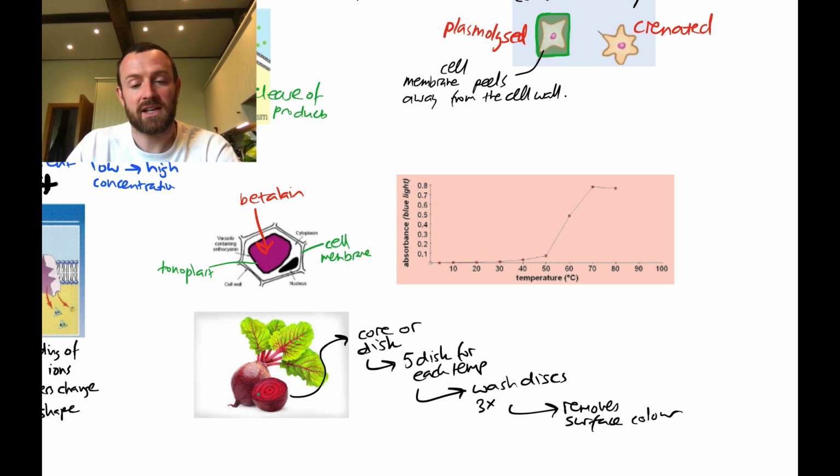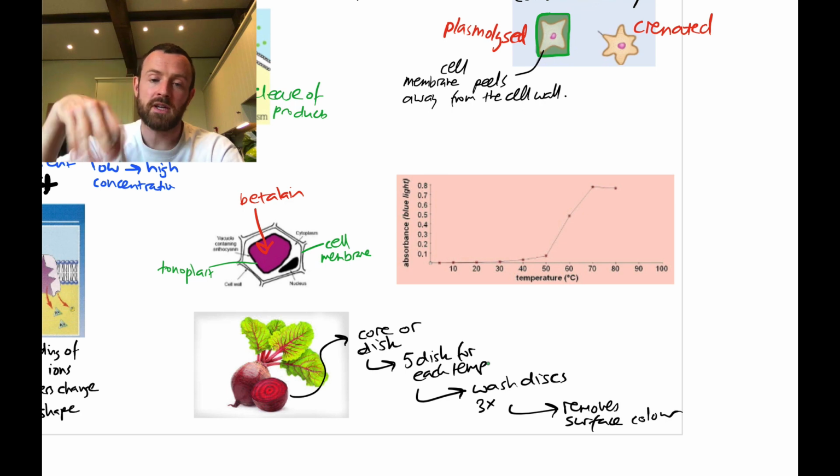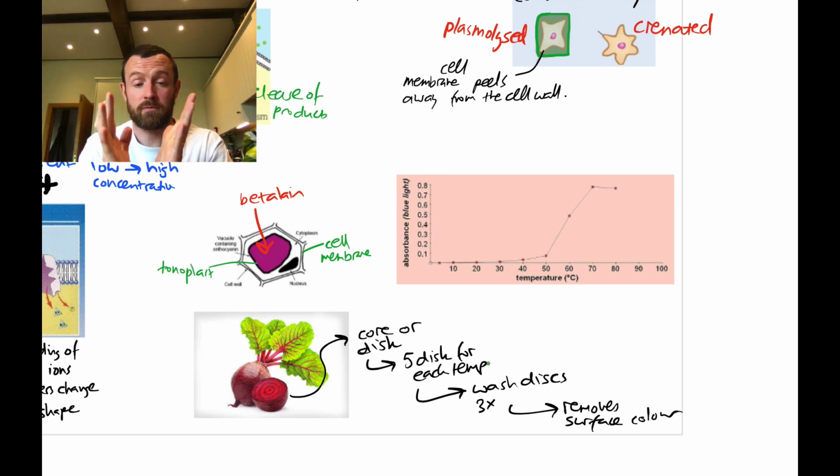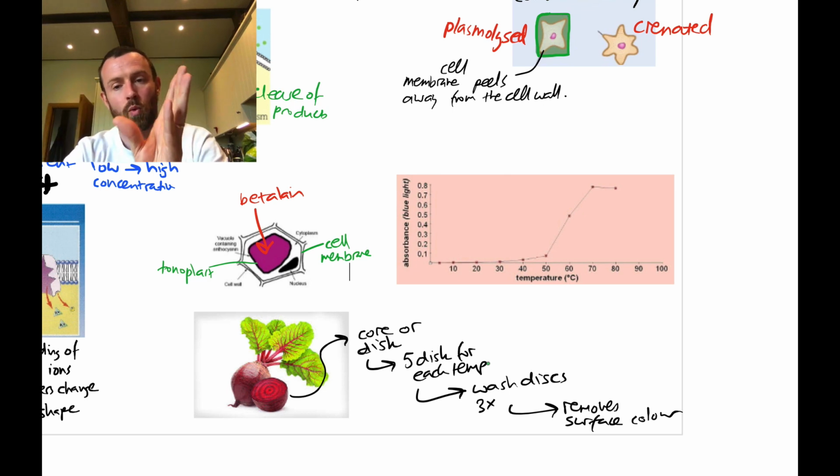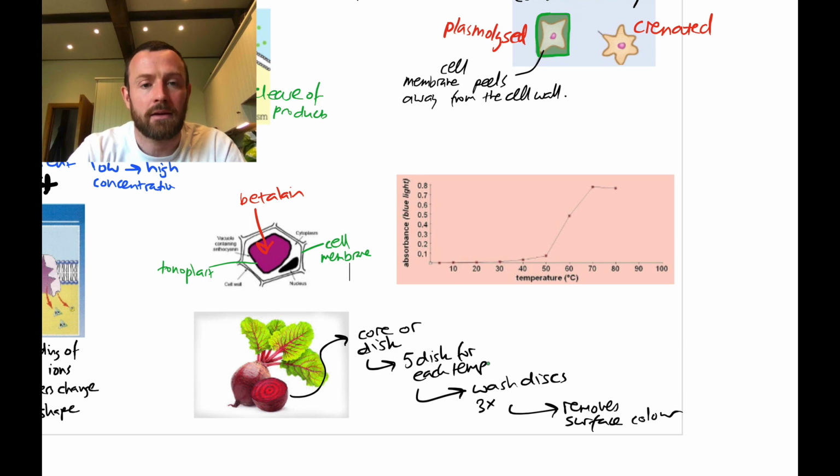So if you've taken these discs and you've washed them carefully, what you can do is put those discs in some distilled water, leave them in there for a period of time, let's say a minute, and then you take the discs out and look at the water. Has it gone pink? At low temperatures, no. You measure that using a colorimeter.